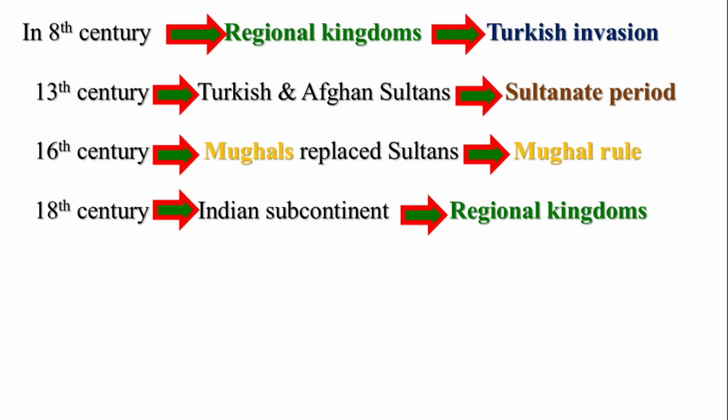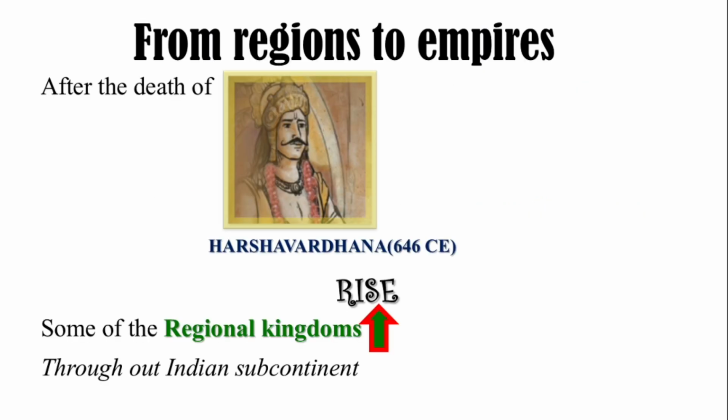The Mughal rulers built a vast empire with most of the Indian subcontinent under their control. But with the decline of the Mughals, by the end of the 18th century, the Indian subcontinent again broke into a number of regional kingdoms. So this is how you can see From Regions to Empires.